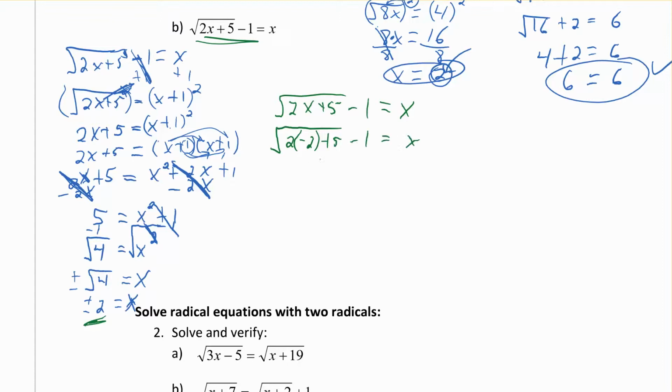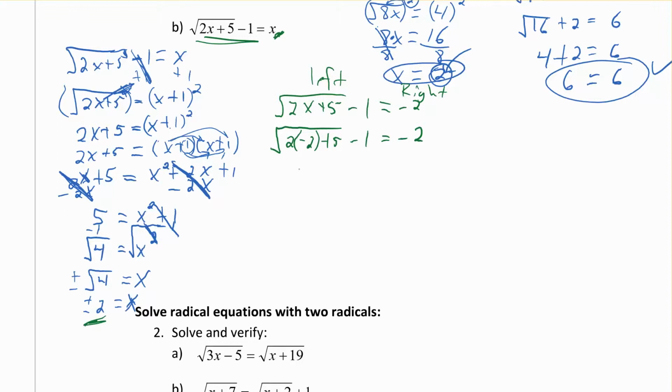And by x I should have had negative 2. Sorry, that should have been negative 2 on that side as well. So I want to check, is the left side of this equation going to be the same as the right side of the equation.